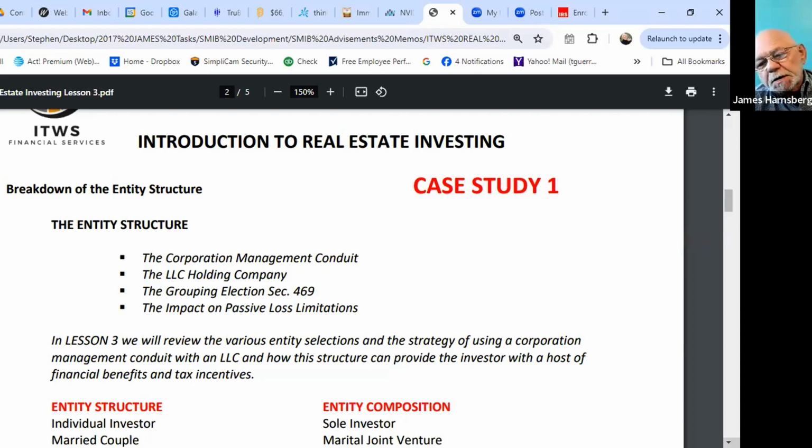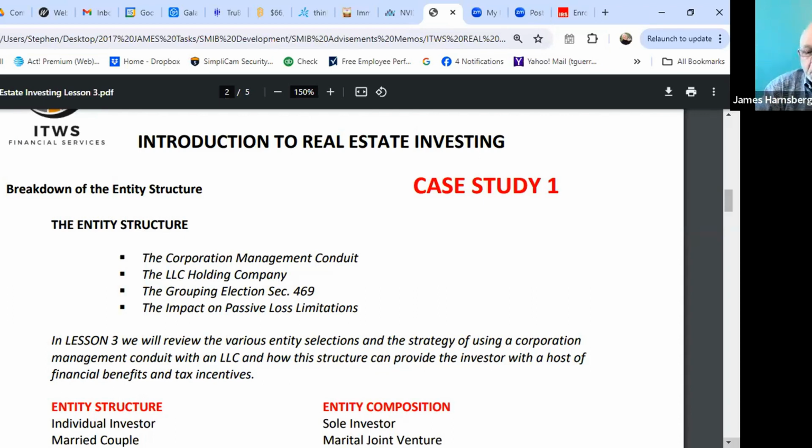The grouping election allows you to group all of the activity as a single economic unit for tax reporting purposes, because then you only have to meet one of the tests in connection with the hours test or the material participation test. And so the impact of a grouping election under 469 is a very important play. That has a big impact on passive loss limitations because you're no longer subject to those passive loss limitations.